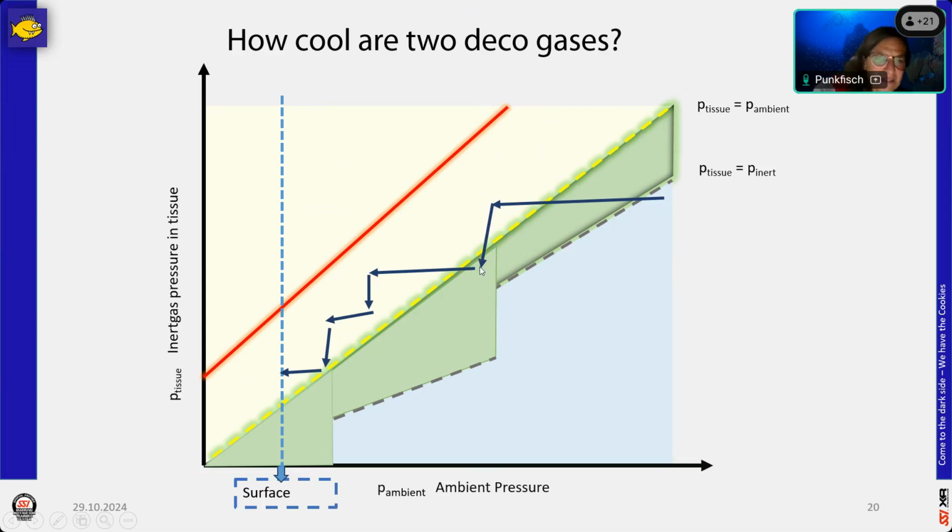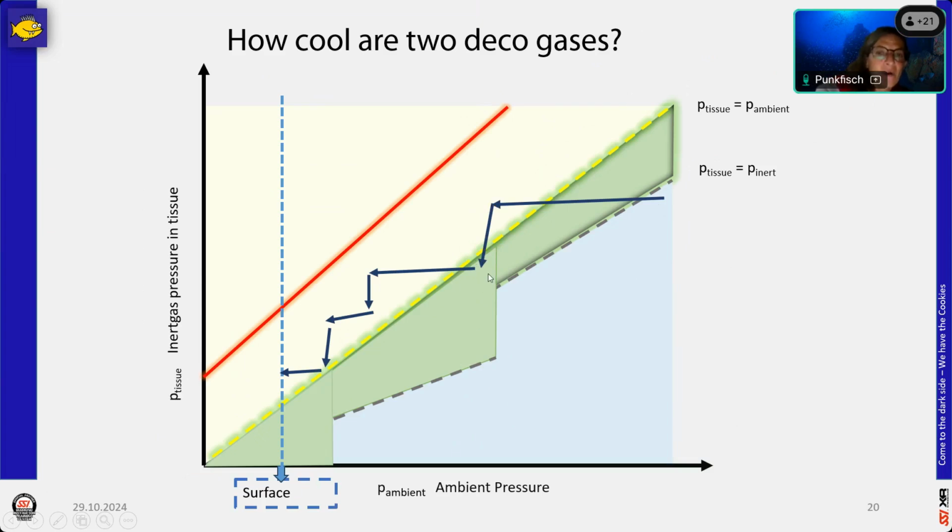We can now desaturate quite efficiently until we can even get the inert gas pressure in the fastest tissue a little bit lower than this tissue equals ambient pressure line, because the inert gas pressure in our breathing gas is so low that we can actually cross this line again without lowering the ambient pressure itself.